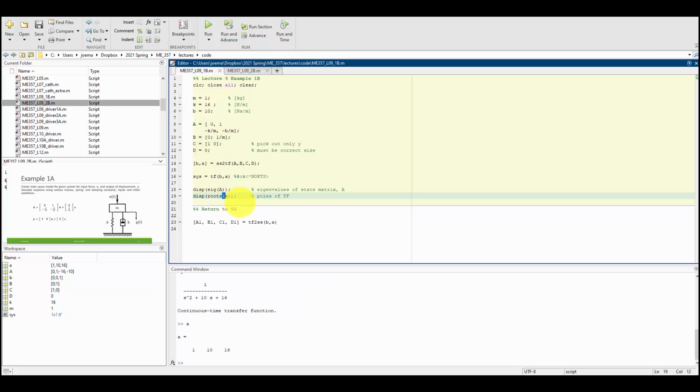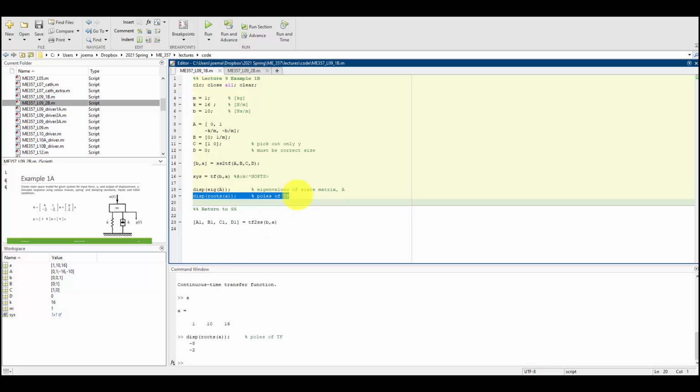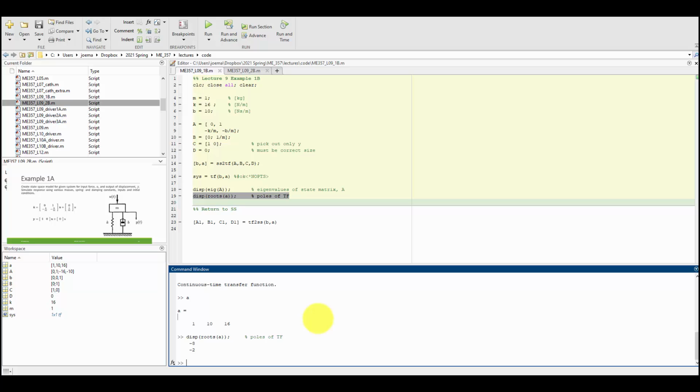I can use this roots function here and just put a in. I can put in a list of coefficients and it's going to tell me the roots of a polynomial, which in this case will be the poles of the transfer function. If we do that, it turns out the poles of the transfer function are also -8 and -2. The poles of the transfer function are exactly the same as the eigenvalues of that A matrix.